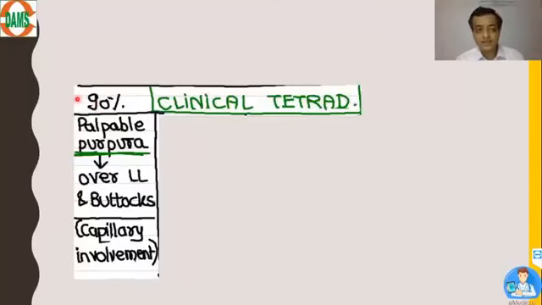90% of the cases present with palpable purpura, which is seen over the lower limb and the buttocks. And what is the reason?